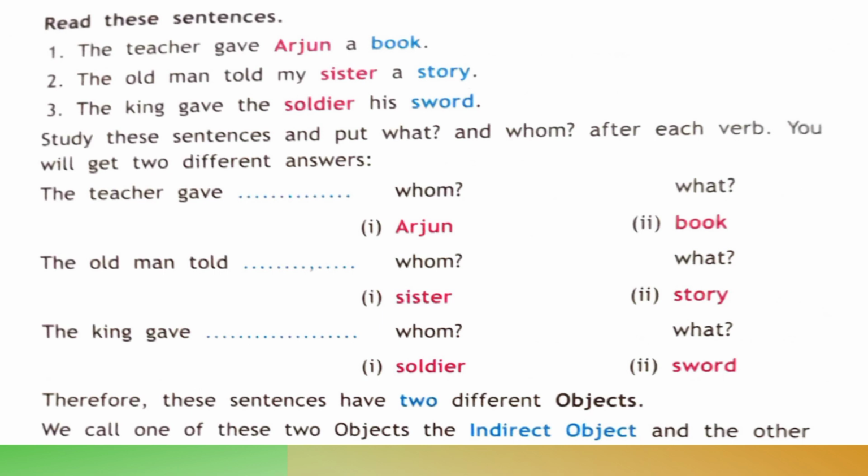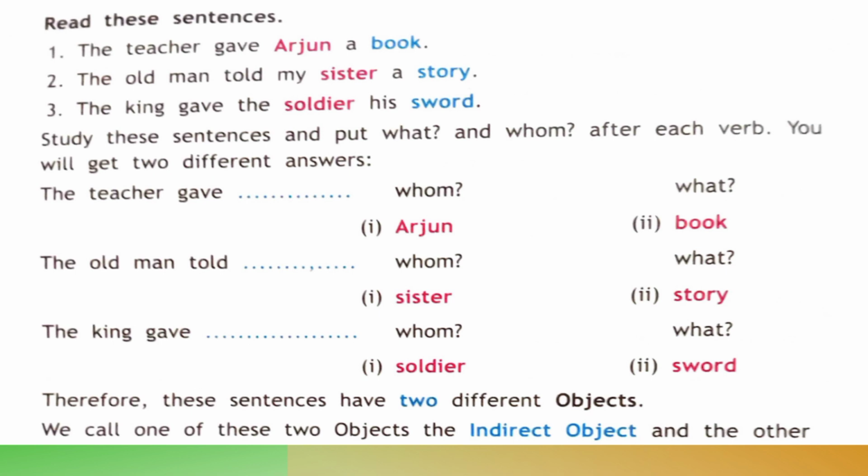The teacher gave, you can see in pink color, Arjun. So the teacher gave to whom? Arjun. So you write there Arjun. Then what? What did the teacher give Arjun? A book.